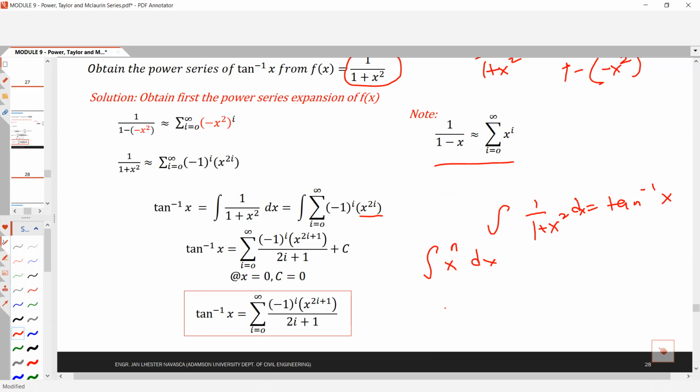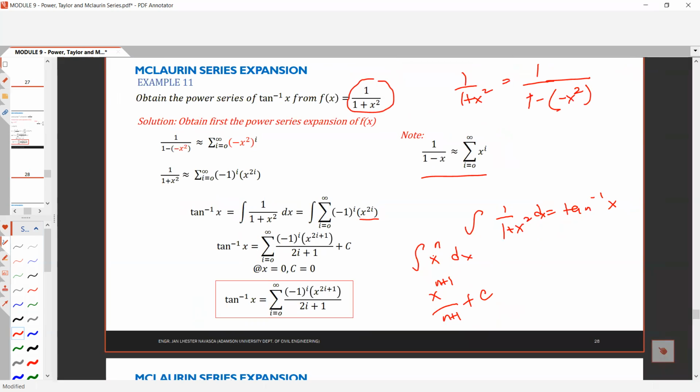That is simply x raised to n plus 1 over n plus 1 plus c. Okay, if you recall, that is the integration for x raised to n dx. So therefore, x raised to 2i is simply x raised to 2i plus 1 over 2i plus 1 plus c.